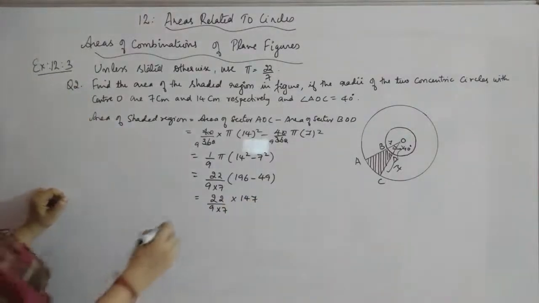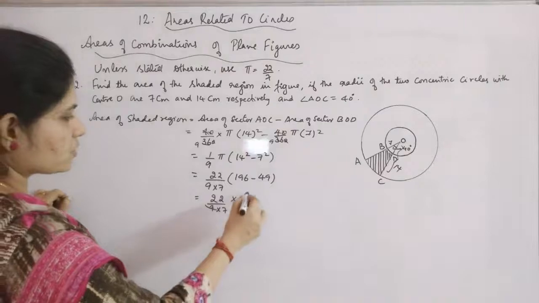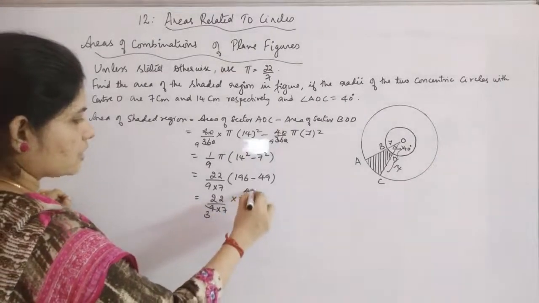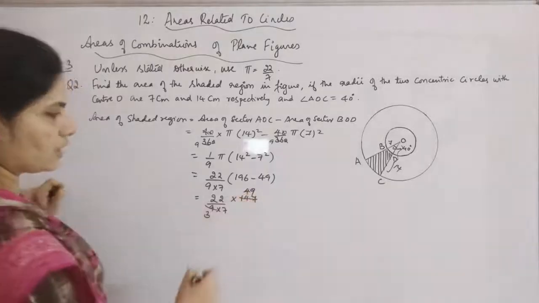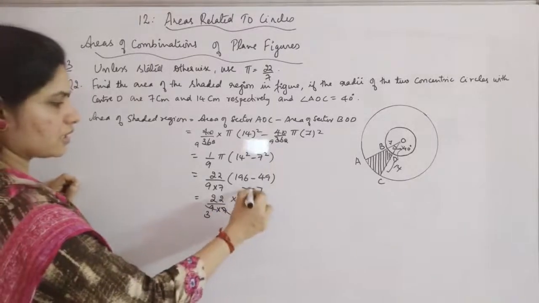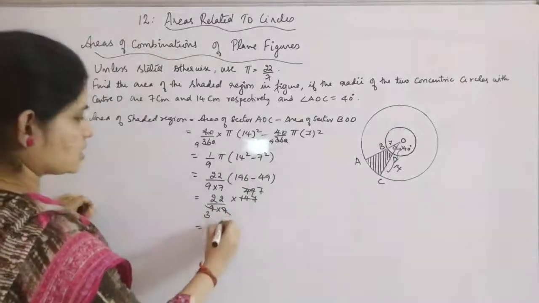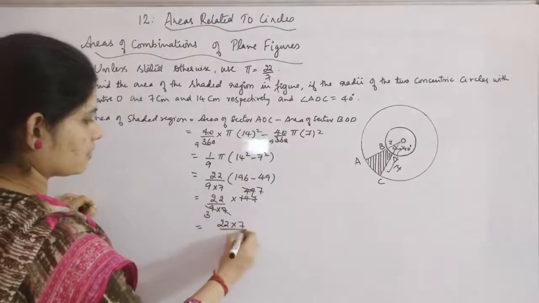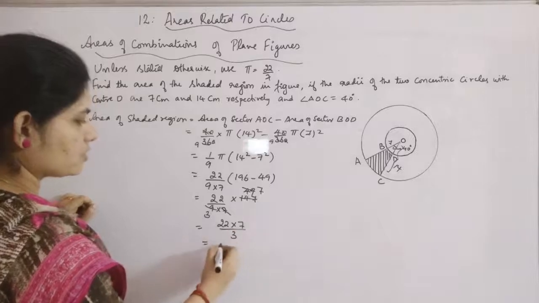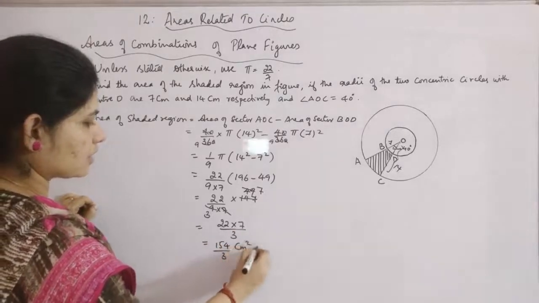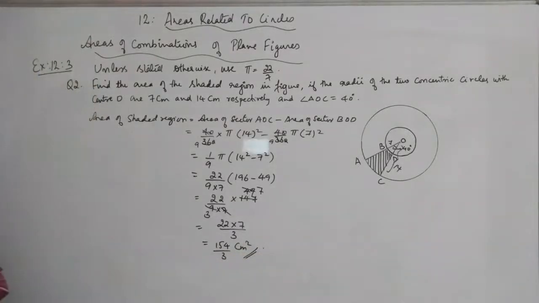Now you can cancel these two, this will go for 3, 4 sevens are 28... and you will get 7 here. So totally you are getting 22 into 7 by 3, which is equal to 154 by 3 centimeter square. So this is the area of the shaded region.